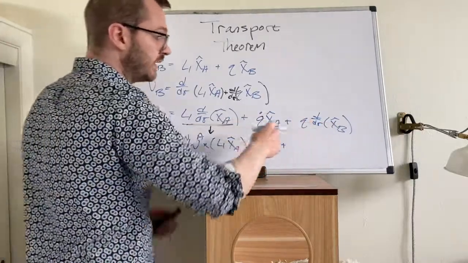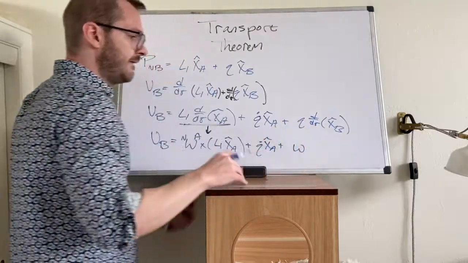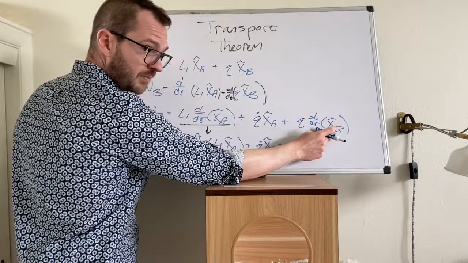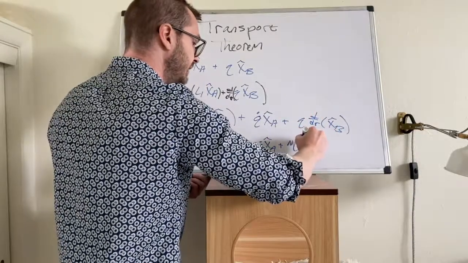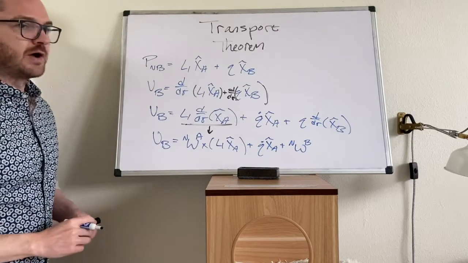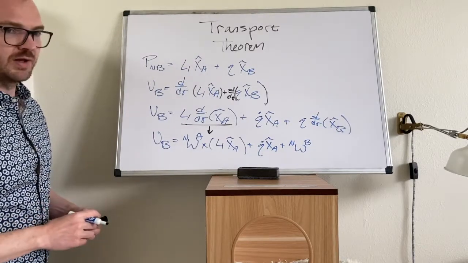And then this piece, we can do transport theorem again. So I'm going to say omega, this time, what are we taking ddt of? The B frame. This is omega N to B. Now, a comment: it doesn't matter how you define the B frame here. It doesn't matter if you're doing absolute angles or relative angles.